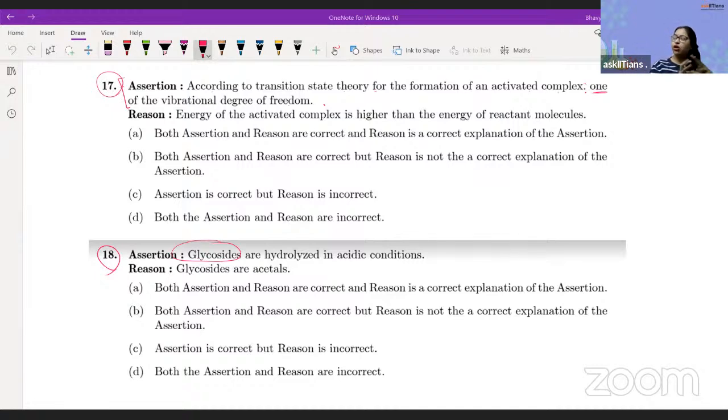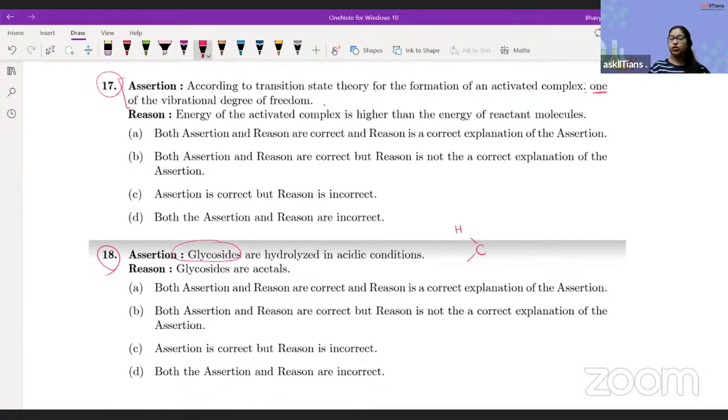Now, if we talk about the glycosidic linkage, it cannot be called an acetal, because acetal means when the same carbon is having, this is an acetal.